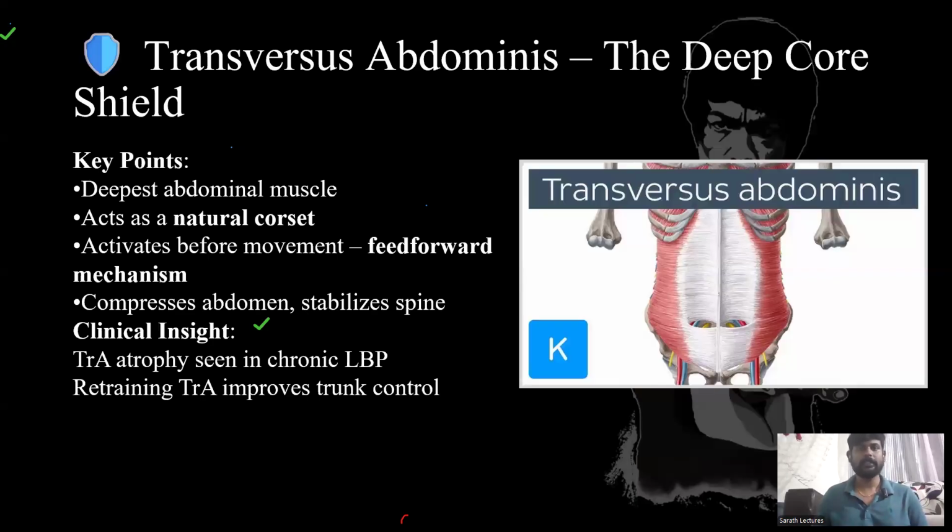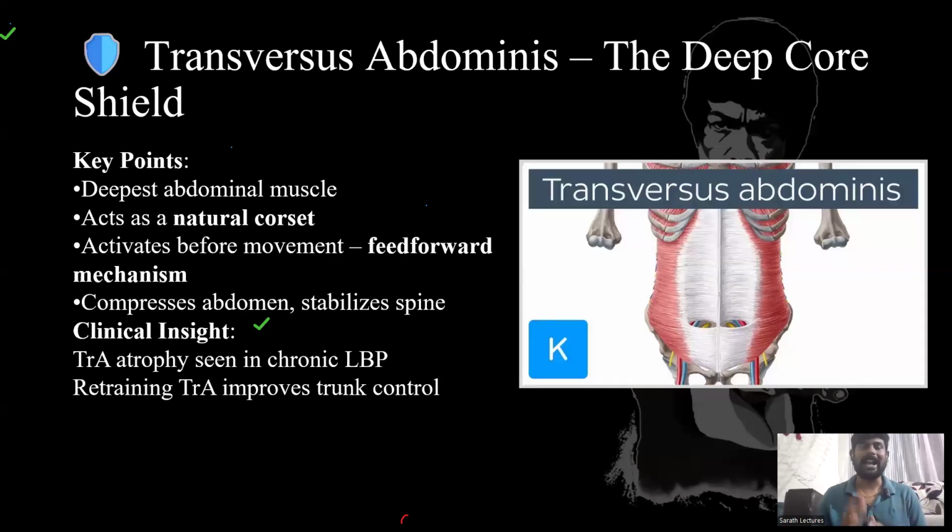Feed forward means now I am going to stand from sitting. If I stand from sitting, my head position will change, right? Before I implement that action in my legs, my neck stabilizers will get activated and won't allow my head to fall forward. That is called feed forward mechanism.